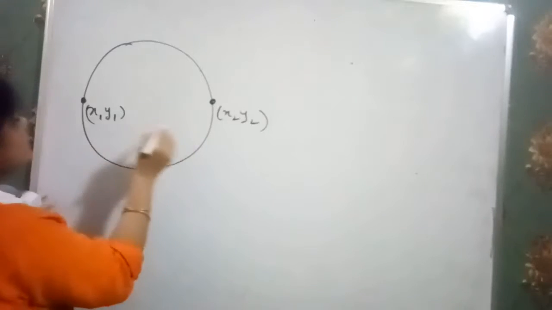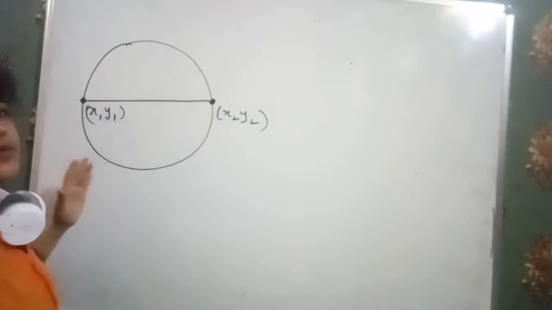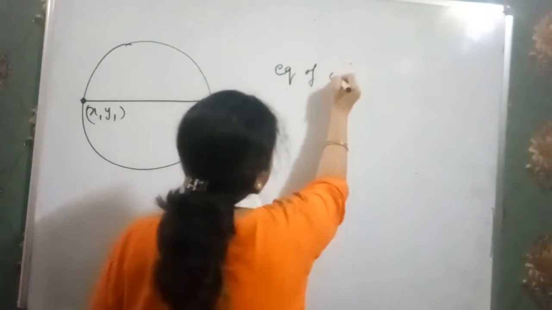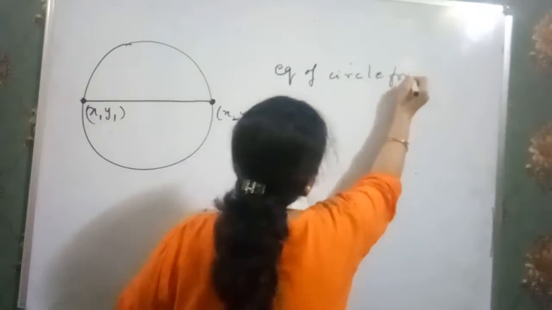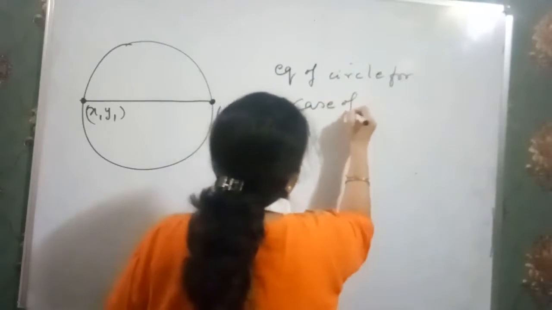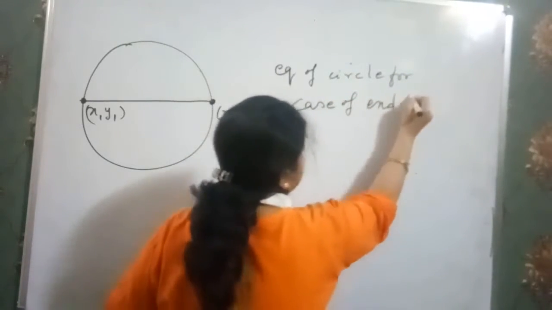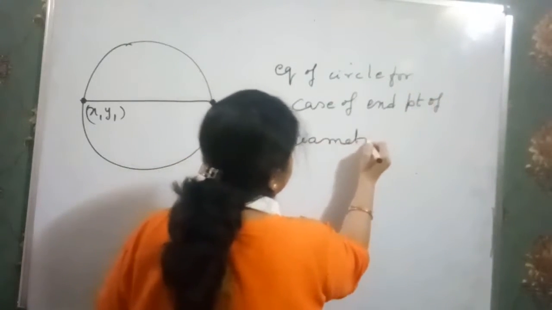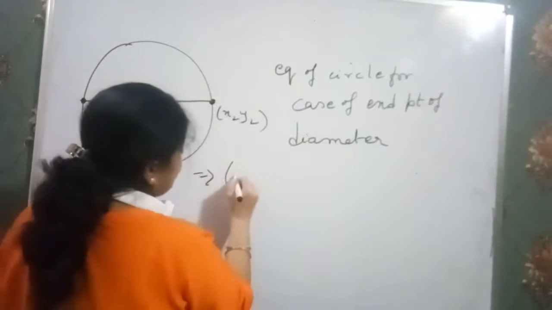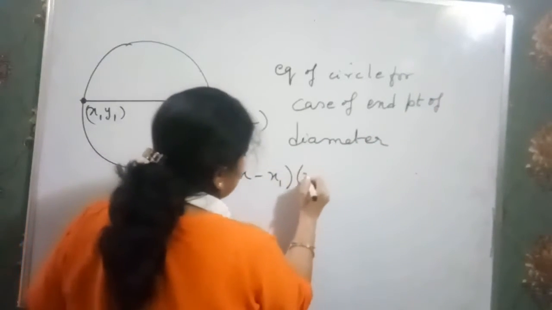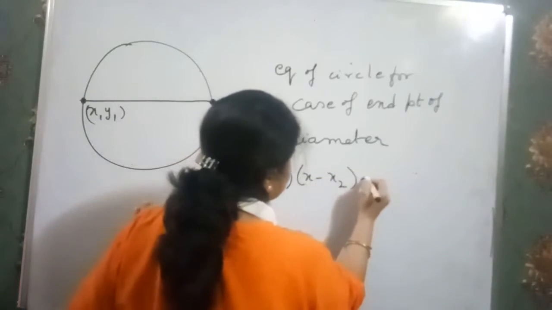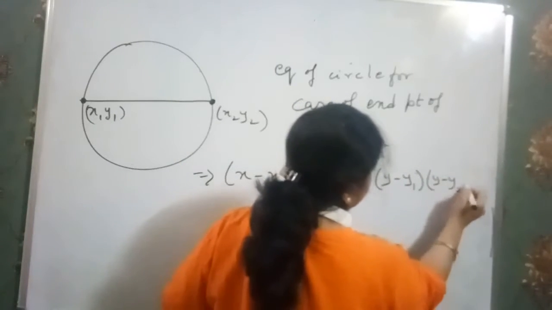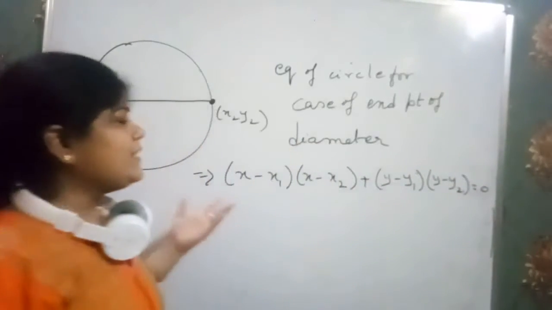In this case, for the end points of the diameter, our equation is (x minus x1)(x minus x2) plus (y minus y1)(y minus y2) is equal to 0.